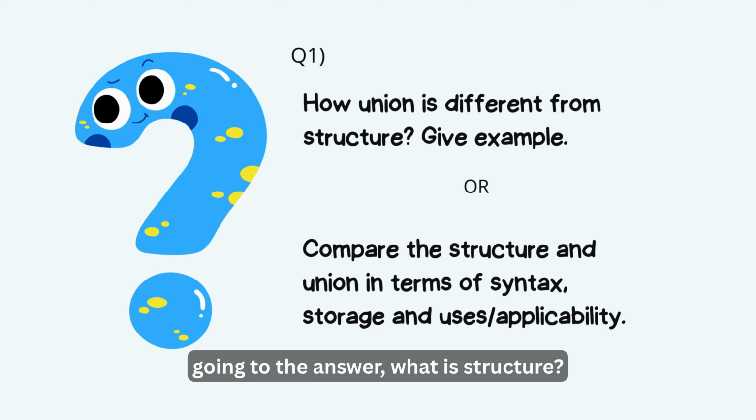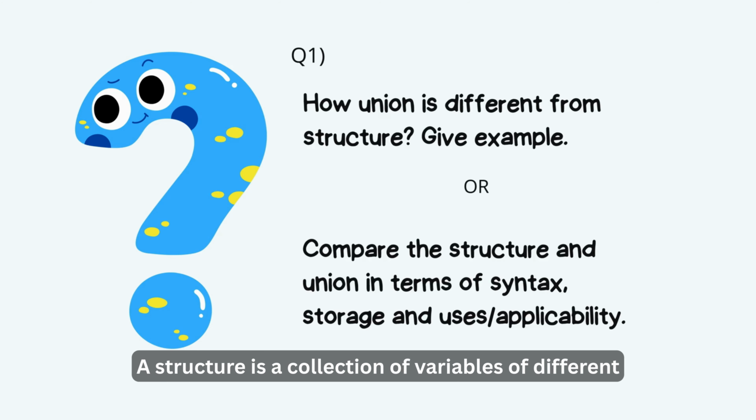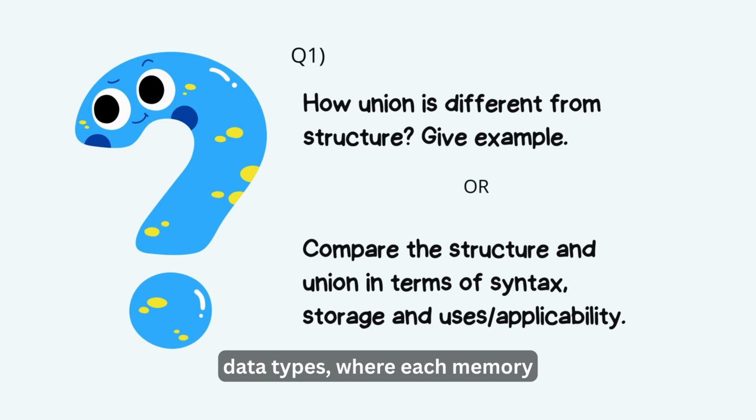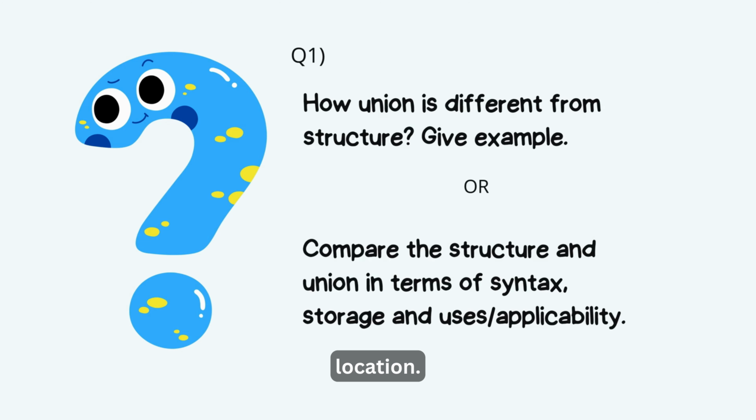Before going to the answer, what is structure? A structure is a collection of variables of different data types, where each member has its own separate memory. And what is union? A union is also a collection of variables of different data types, but all members share the same memory location.